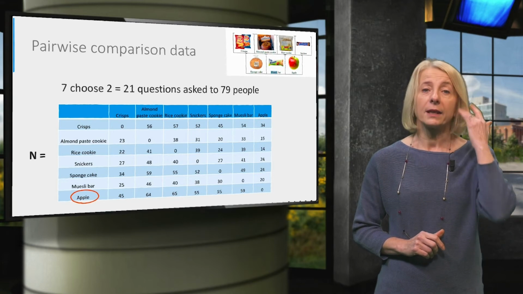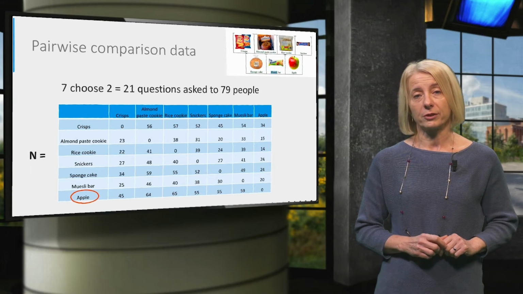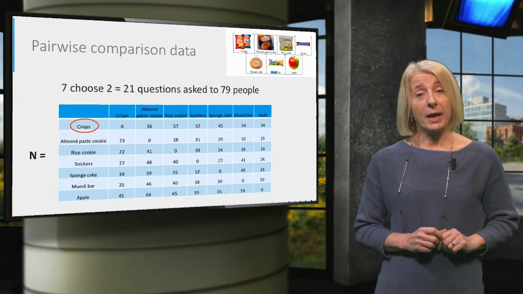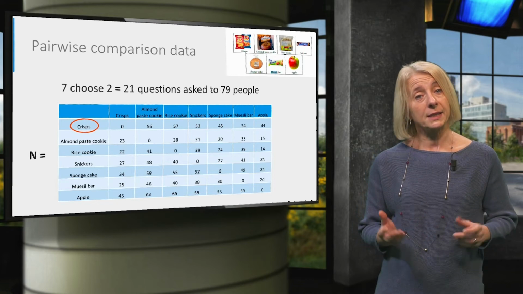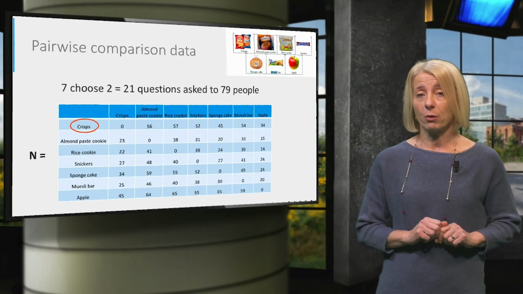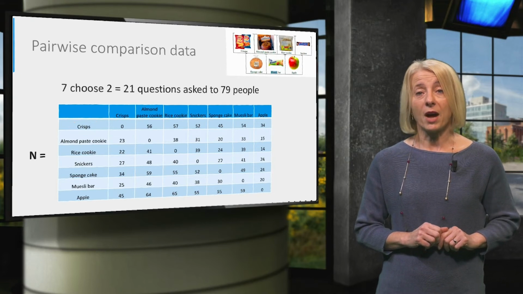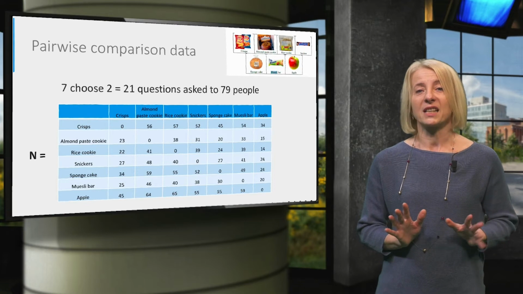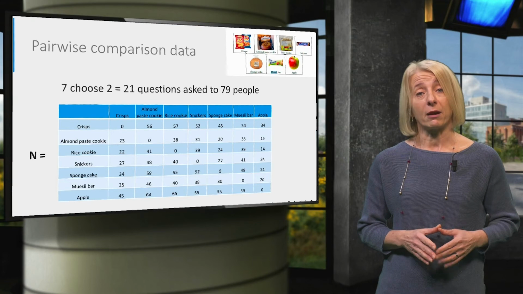Consistently, more than half of them prefer an apple to other alternatives. A bag of crisps is chosen by more than half of experts, except in the case when it is compared with an apple. The preferences for other snacks are not as clear as in the case of an apple and a bag of crisps.